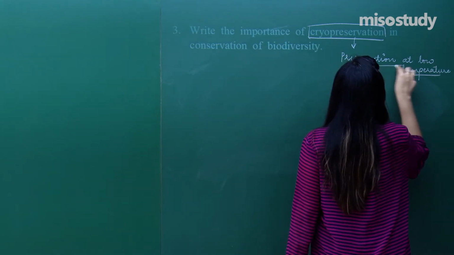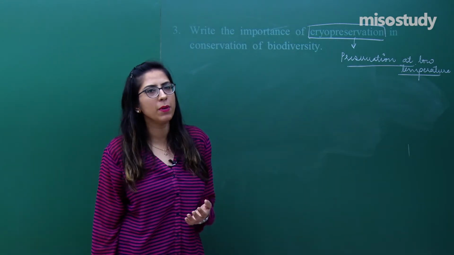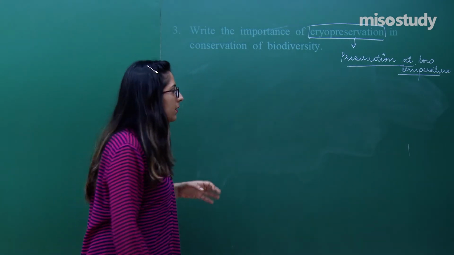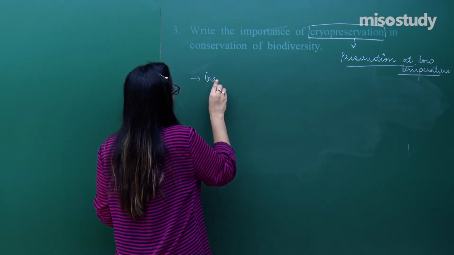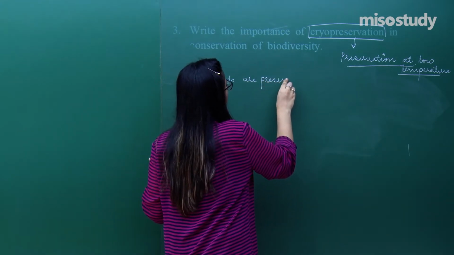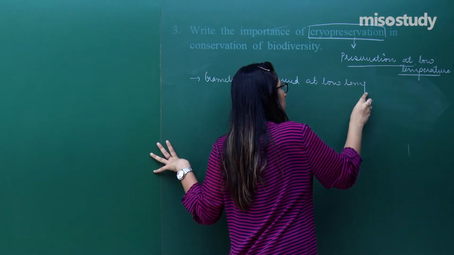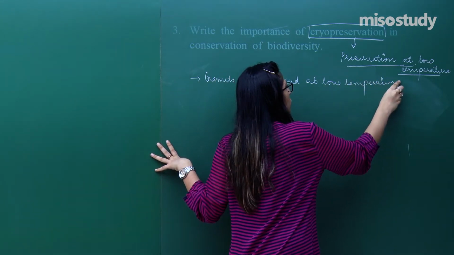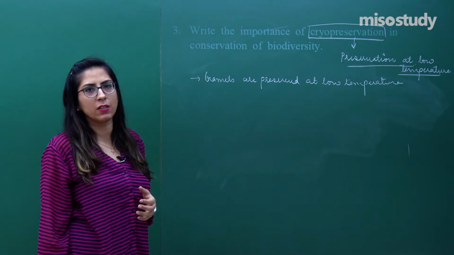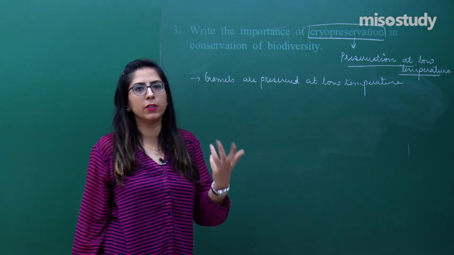When we are preserving anything at low temperature, what are we doing? We are maintaining their viability. Cryopreservation is one of the latest techniques. In this, gametes are preserved at low temperature so that they can be reused. This is basically done for species which are in the endangered category, so they can be further formed.